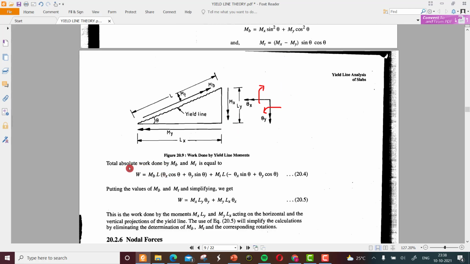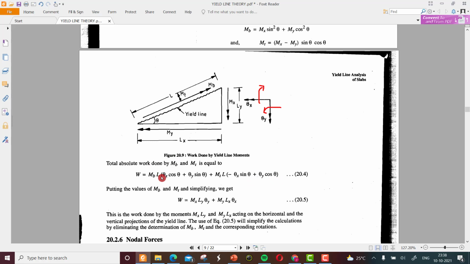Then the total absolute work done by Mb and Mt is W equal to Mb into L into (theta x cos theta plus theta y sin theta) plus Mt into L into (minus theta x sin theta plus theta y cos theta).